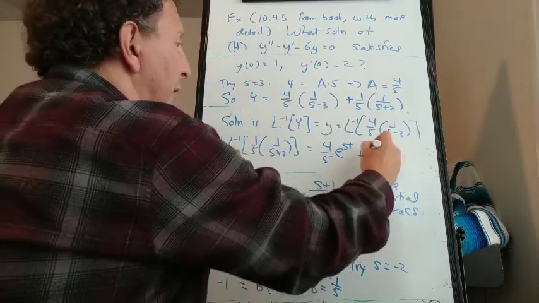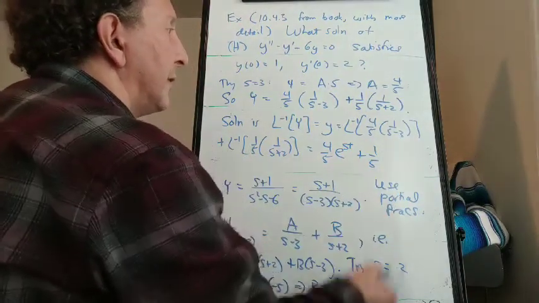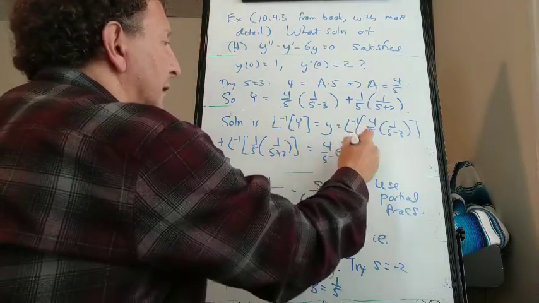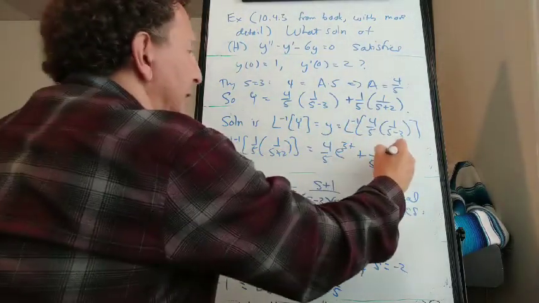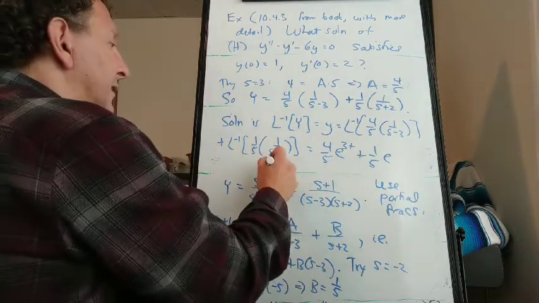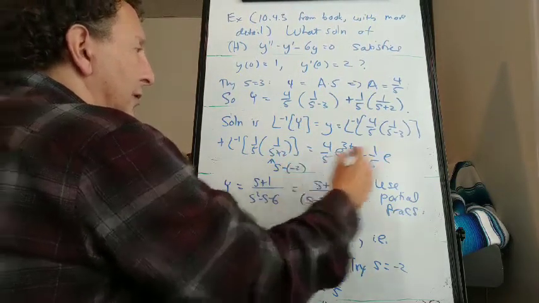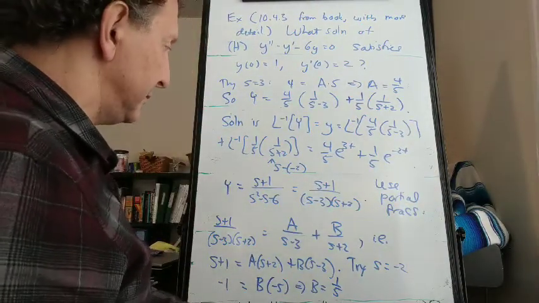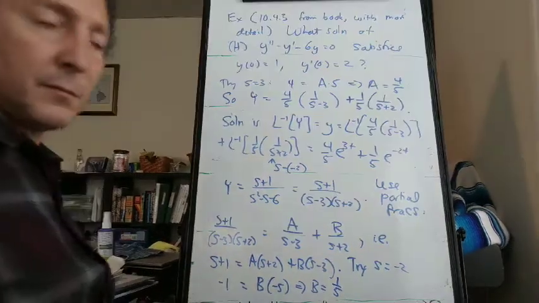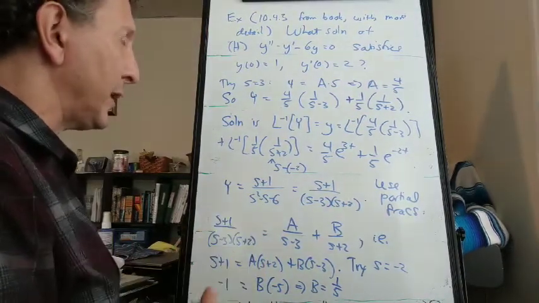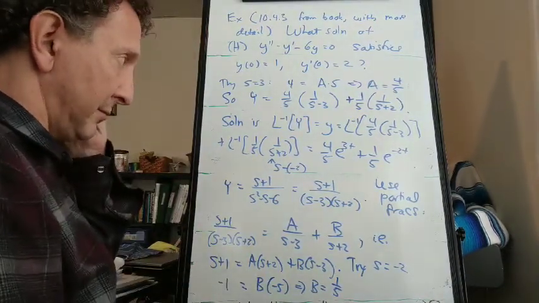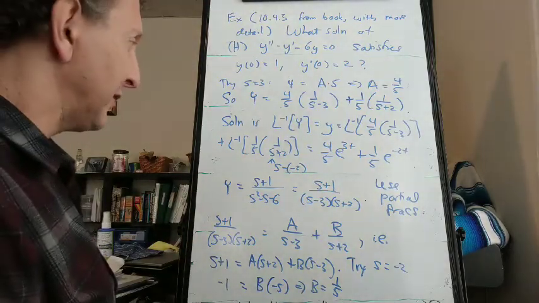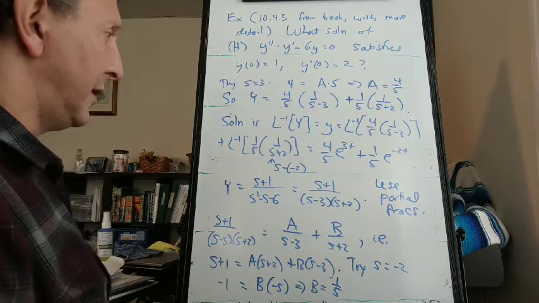The 1/5 comes out, and we have e to the, so this is s minus negative 2, so e to the negative 2t. So that's good. That's the same answer that we got last time, which is good because both methods should give us the right answer.